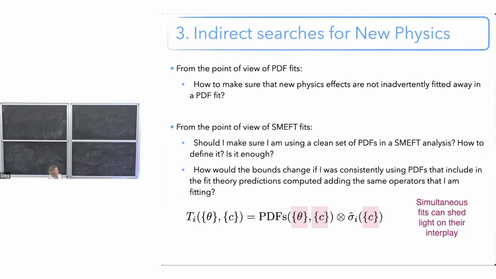And this answers some of the questions that I list there. The first one: how to make sure that new physics is not inadvertently fitted away. And then how would the bounds on the Wilson coefficients that you have in the SMEFT fit change if I was consistently using PDFs that include this effect?